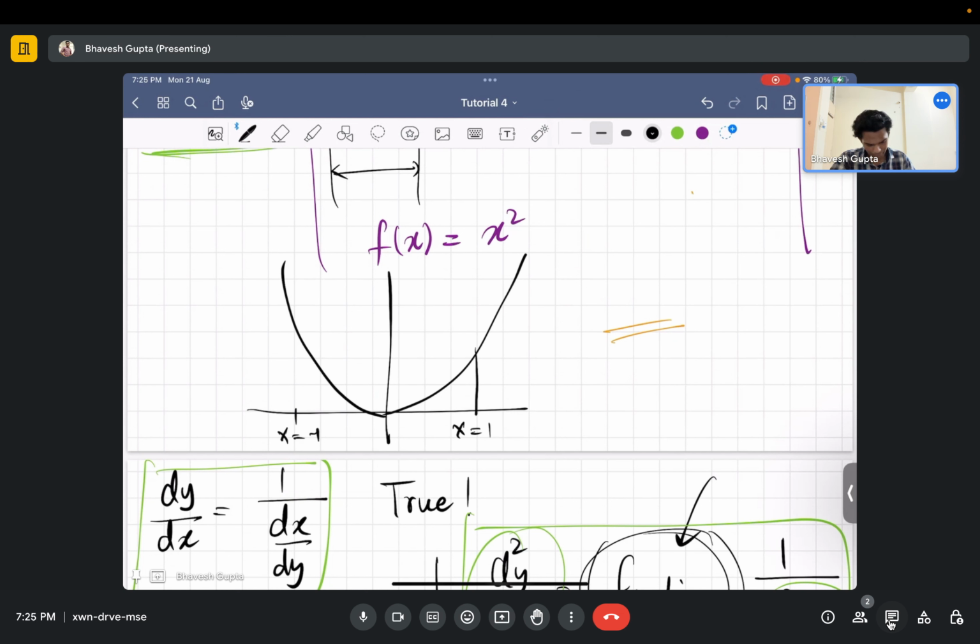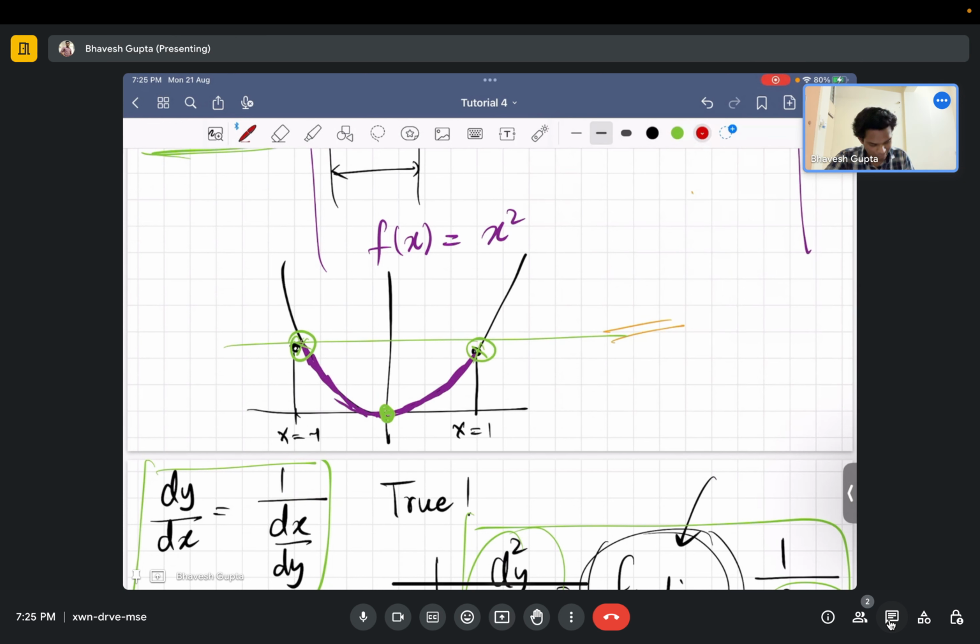Then I see that this is my defined domain, these are my defined curve. My maximum values are here and my minimum value is here. But the moment I change my set of input, my whole maxima and minima idea gets changed completely.